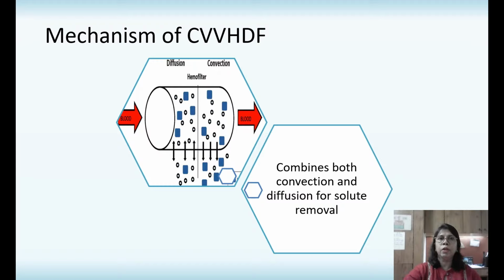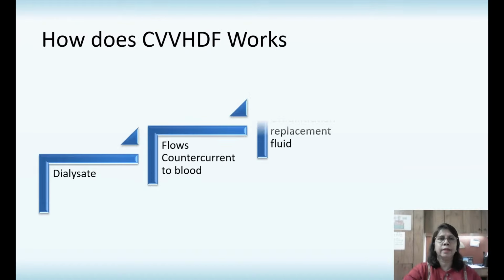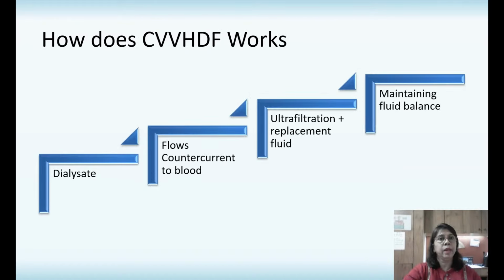The smaller molecules move out faster than the larger molecules. So once again, let us understand that in CVVHDF, first of all, there is a dialysate which is passed in a direction counter current to the blood flow, and then there is also the element of ultrafiltration and replacement fluid, due to which there is large amount of negative fluid balance achieved in the patient.